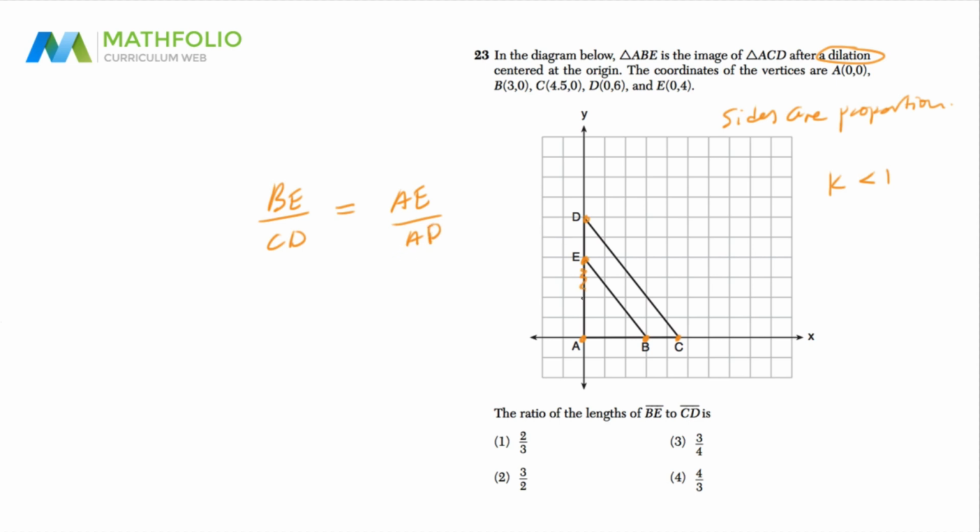Doing AE over AD is just the same as doing BE over CD, just easier numbers. In this case, AE is going to be 1, 2, 3, 4 steps up, and AD is going to be 6 steps up. So the ratio of BE to CD is going to be 4 over 6, which simplifies to 2/3. So 2/3 is our answer for the ratio of lengths BE to CD.